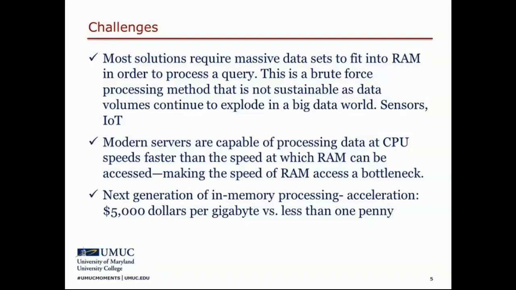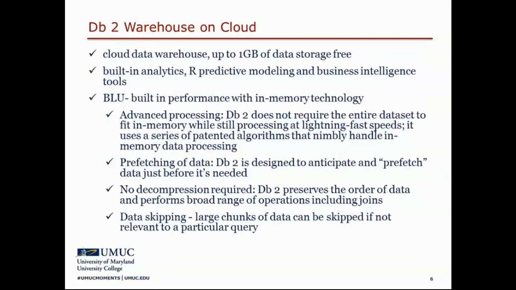So we are talking about in-memory processing where you will have something cost effective. As in the last bullet, instead of the traditional $5,000 per gigabyte, we are talking about new technology where a gigabyte is going to cost less than 1 penny. Keep in mind, this is again not directly in-memory.